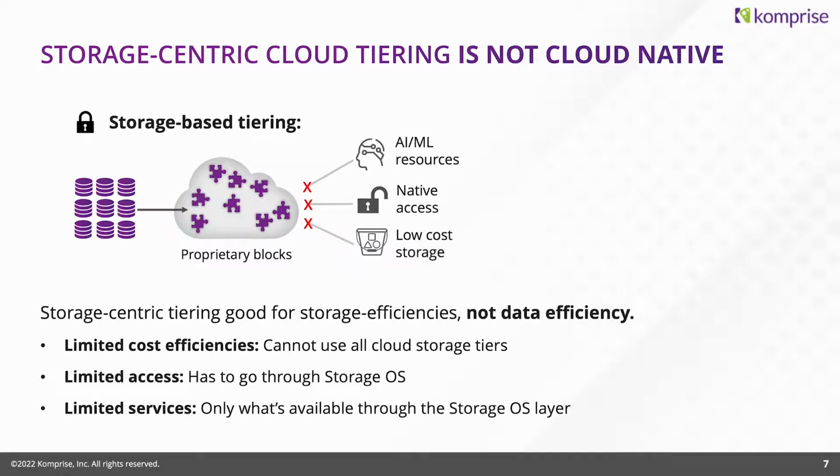So it doesn't actually expose your data to all the cloud services. It doesn't make it easy for you to search and extract data. It doesn't let you actually use object-based native cloud services on the data. So you really don't get access to the cloud. You're just using a piece of the cloud as a tier of your traditional storage system.